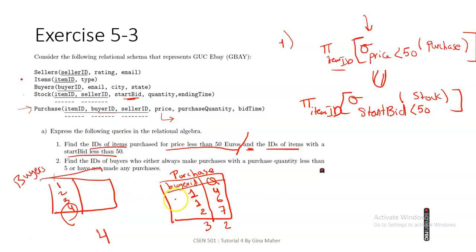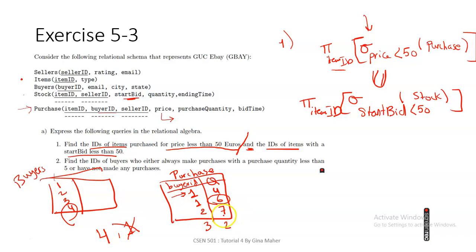Let's see here. 1 here made a purchase with a quantity 4, which is actually less than 5. So, we should have 1. Let's see here. 1 has made a purchase quantity with 6, which is not less than 5. So, 1 shouldn't be included because it happened once that buyer 1 made a purchase with quantity greater than 5.